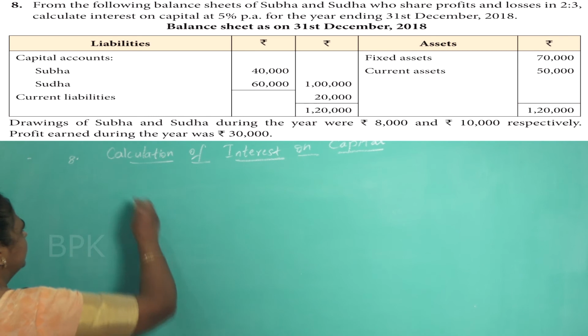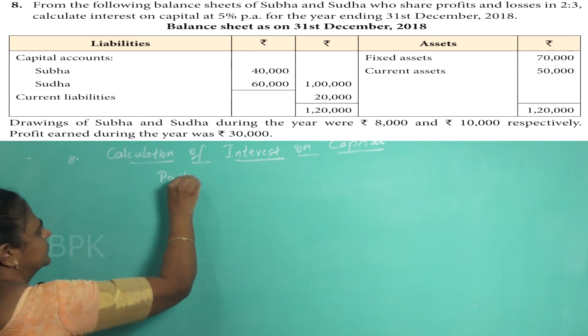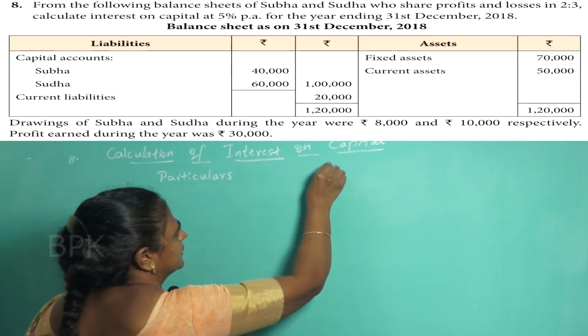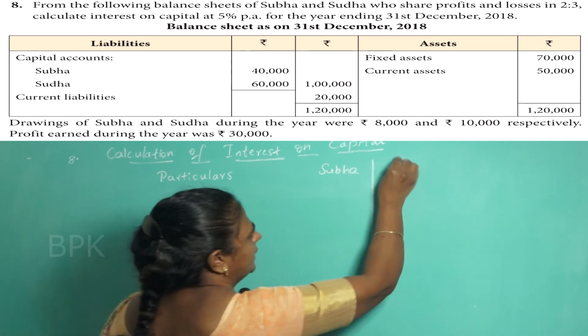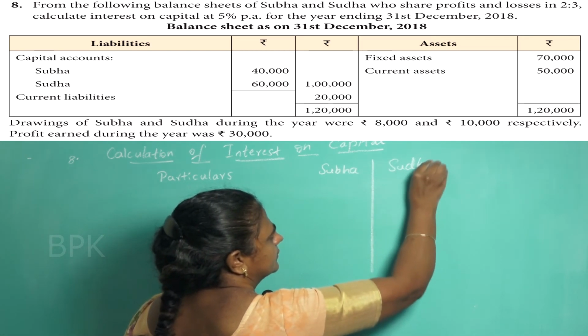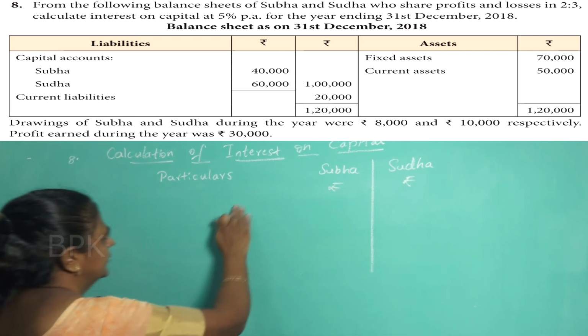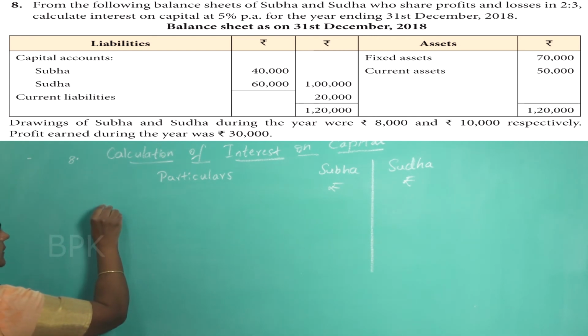Okay. So, you put a format like this: particulars, Subha, Sudha, rupees. Capital is already given there, that is the end of the year, closing capital is given.